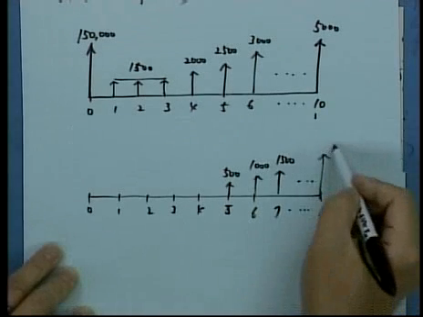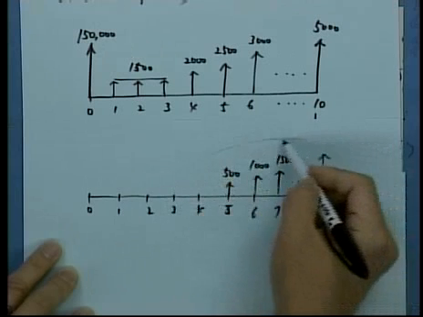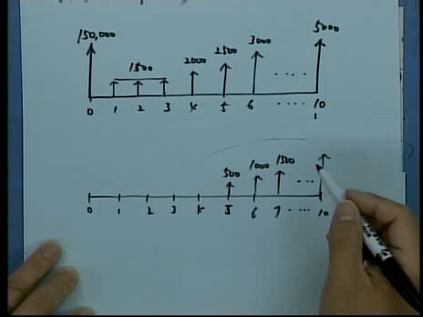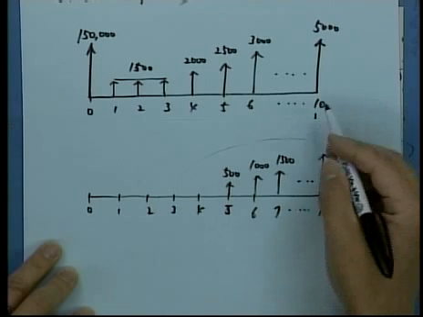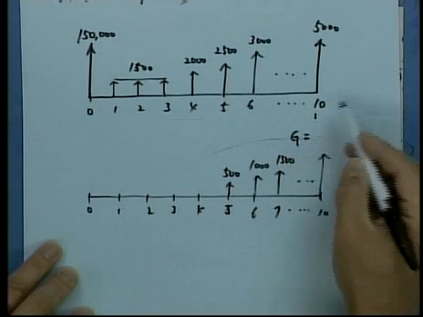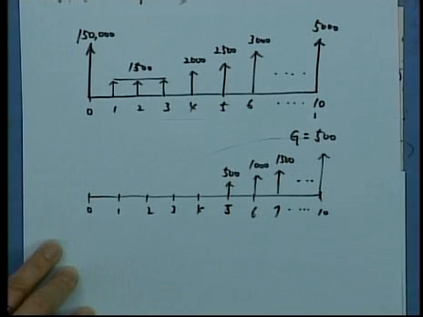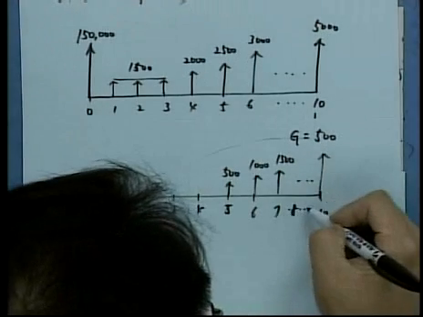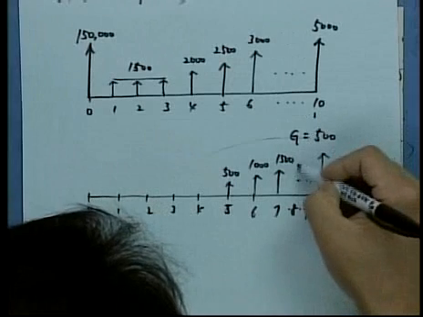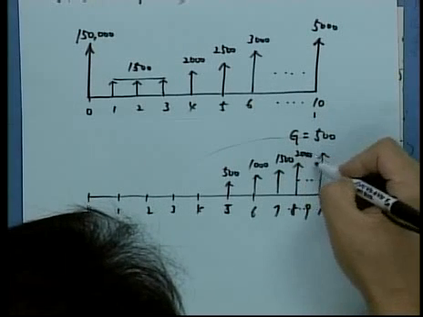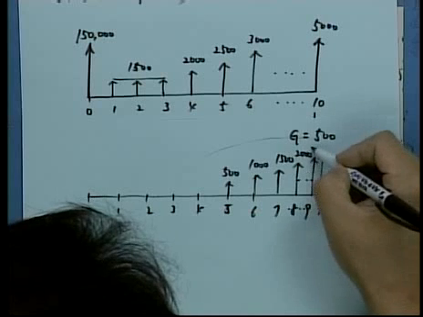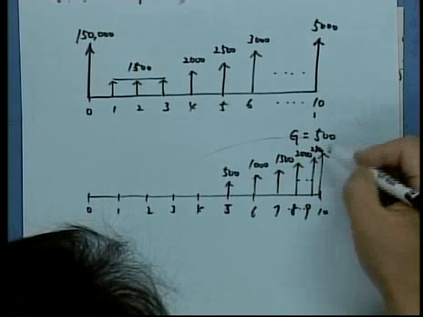So obviously, this is the arithmetic gradient series with G equals 500.